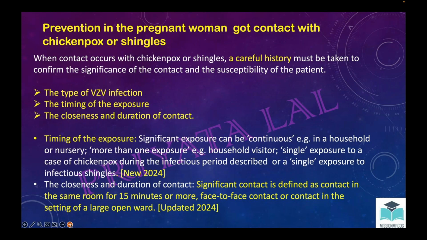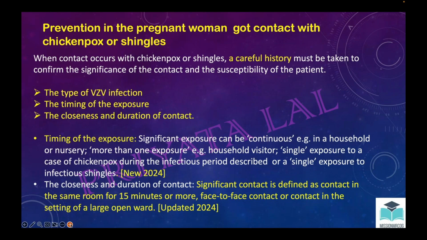Now, what is the time of exposure? It is significant exposure. It could be continuous, like a patient has gone to the family of some person, and anyone has chickenpox. So there is more than one exposure, or you can say continuous exposure, more than one time the person is coming in contact. So this is significant exposure.